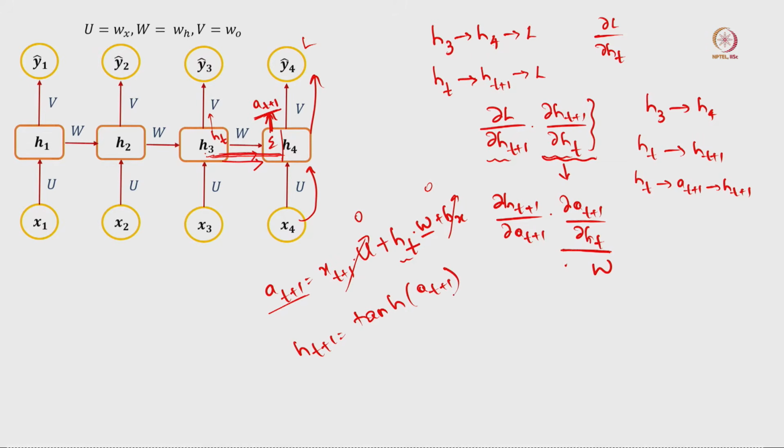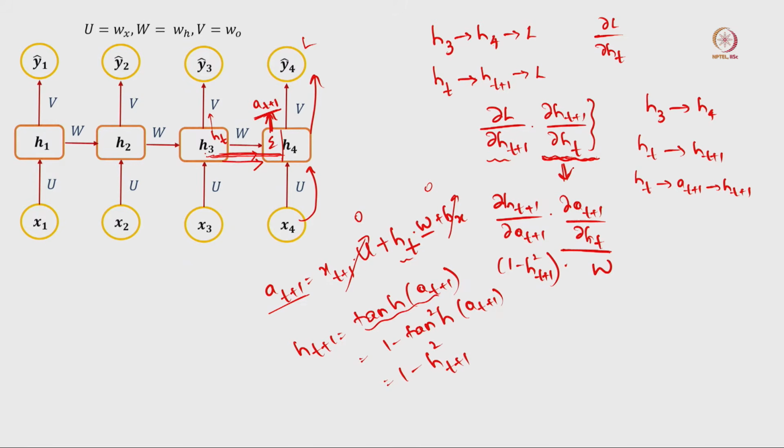Is it not thus? Now, we know the derivative of this: it is 1 minus tanh of (A_t plus 1). If this entire term is assigned to H, it is 1 minus H_(t+1) squared.